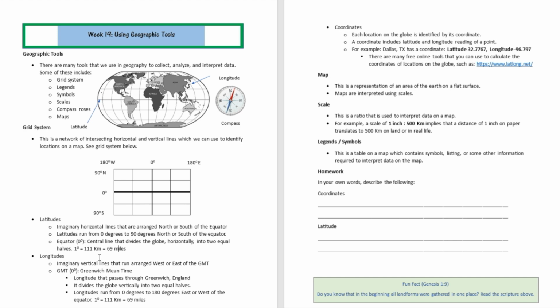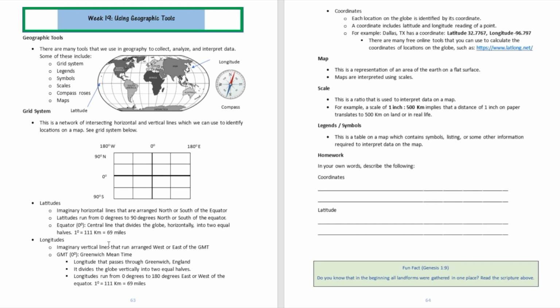Now what about the longitudes? These are vertical lines that run west or east of the central vertical line, which is the GMT. The GMT is 0 degrees, Greenwich Mean Time.